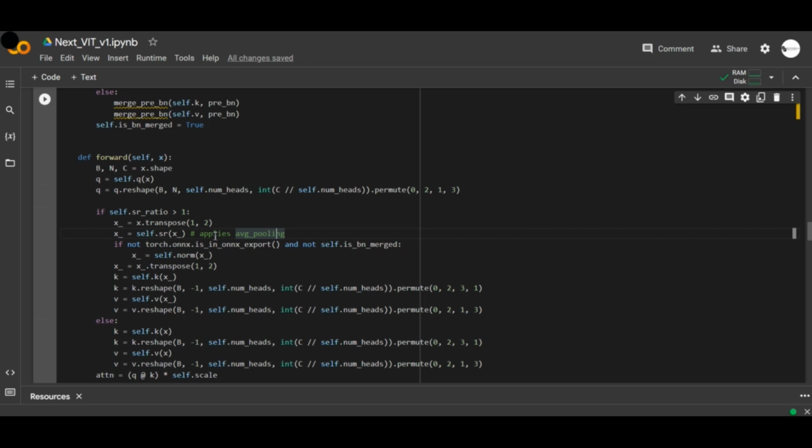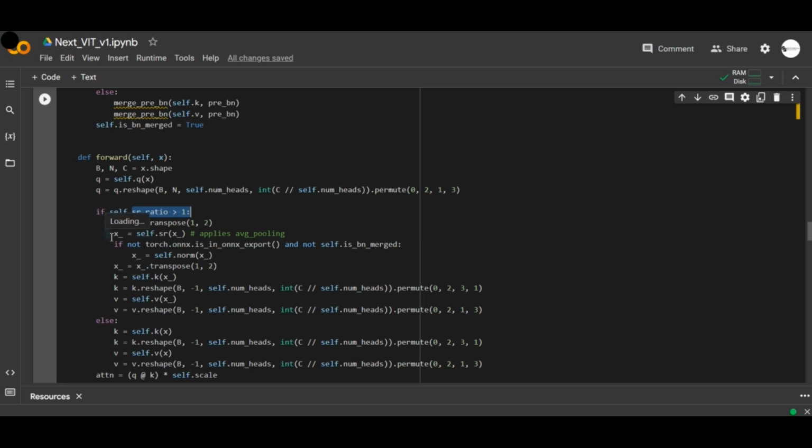By doing this, each head can learn to attend to different information and provide a diverse representation of the input sequence. So this leads to a more robust, expressive representation. It can help the model to learn the relationship between the input and the output. Okay, so we do some transformation if the SR ratio is greater than 1.